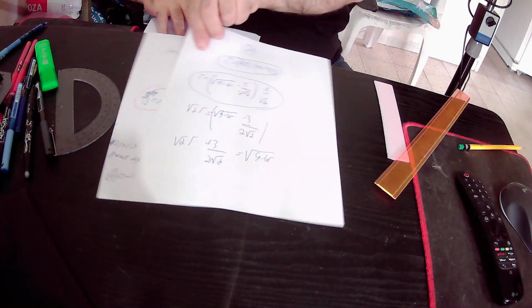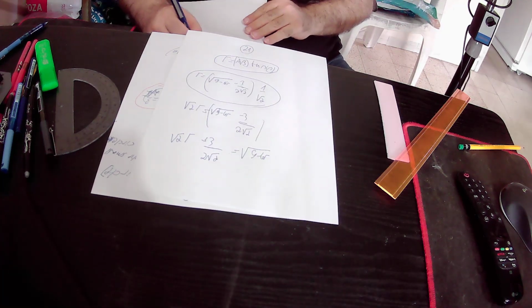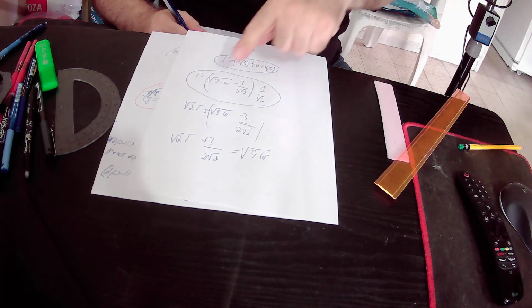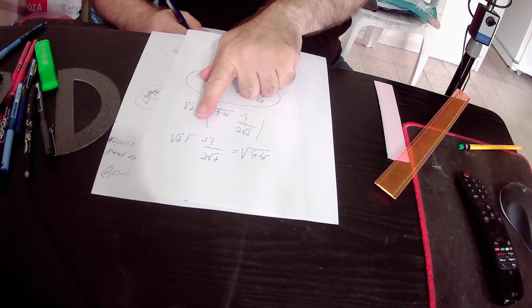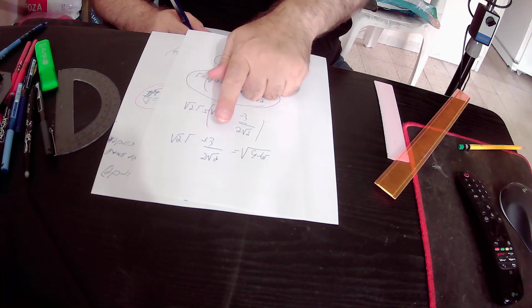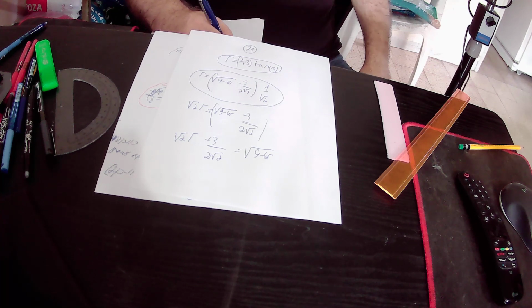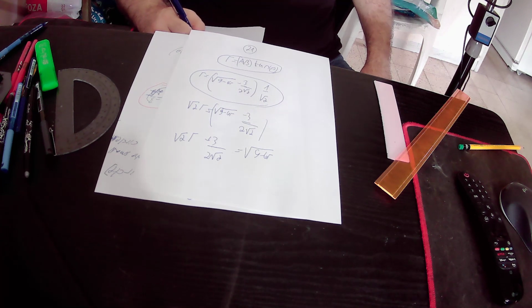Here we will multiply this equality by 2 times root 2, and then divide it by 2 times root 2 in order to have a common factor with this expression. So we will get root 2 times r times 2 times root 2 over 2 times root 2 plus 3 equals the root of 9 minus 6r.